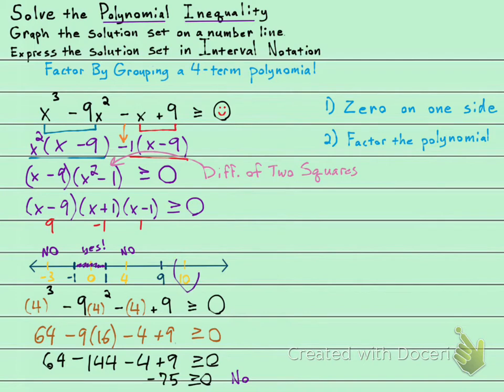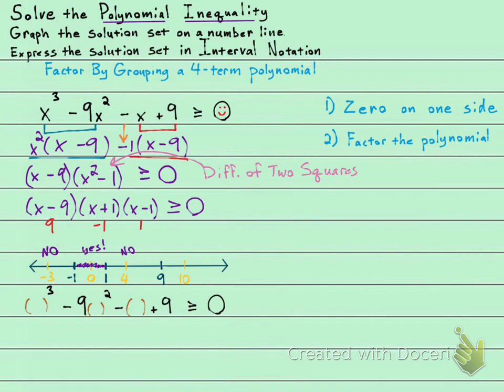We have one more test point right here of 10. Let's plug it in for x and let's see what happens. Everywhere I had an x, I'm going to put in a 10. And now 10 to the third, that's a 1 followed by 3 zeros, that's 1,000. Minus 9 times 100, I'm just going to put 900, minus 10 plus 9.